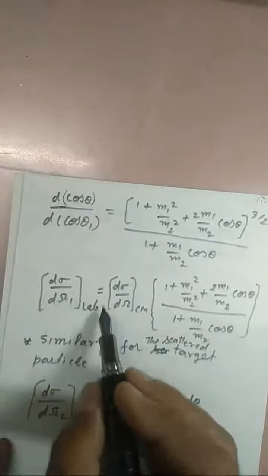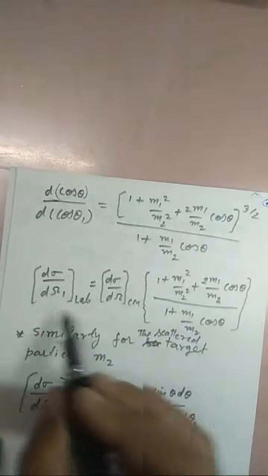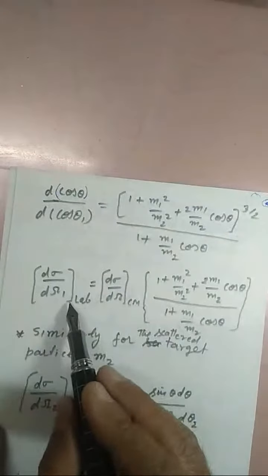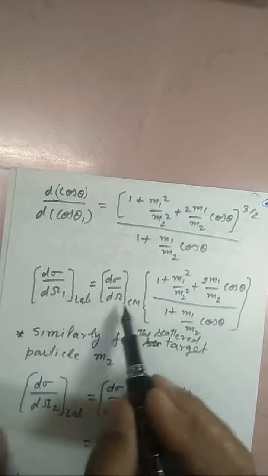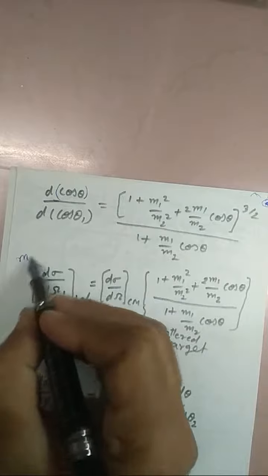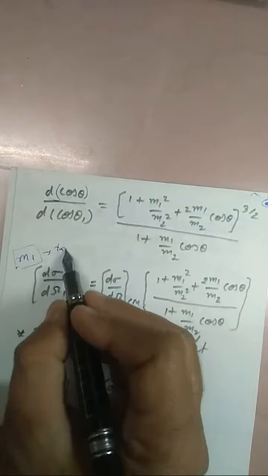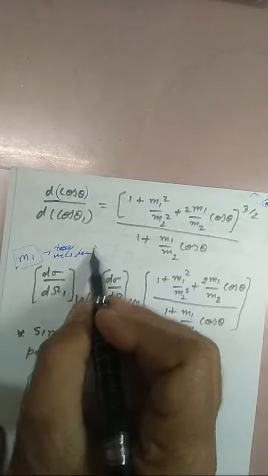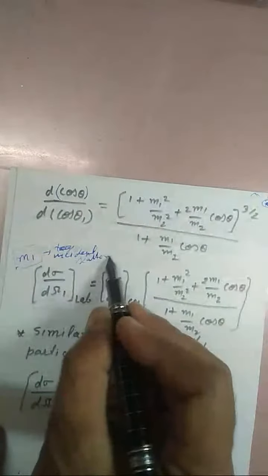So we got this type of relation. This is a relation representing the differential cross section connection formula for the particle m1. This is for the m1 particle, which is related to the incident, scattered particle.